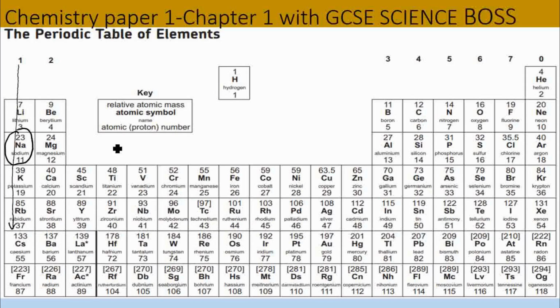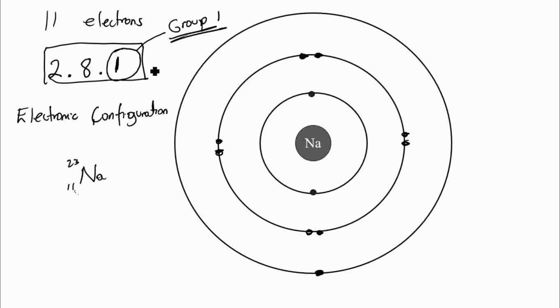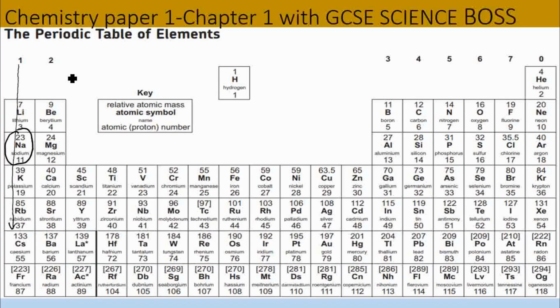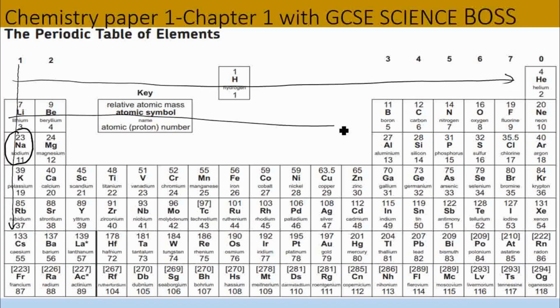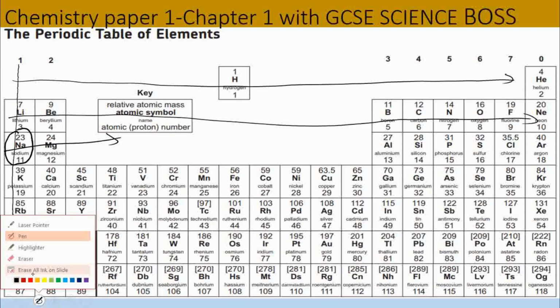Okay, let's see if this works out. And also, we have 3 shells. 1, 2, 3 shells. Therefore, it's going to be found in period 3. Okay, so let's check. This is period 1 going across. That's period 2 going across from left to right. Voila! Period 3. Sodium is found in period 3.